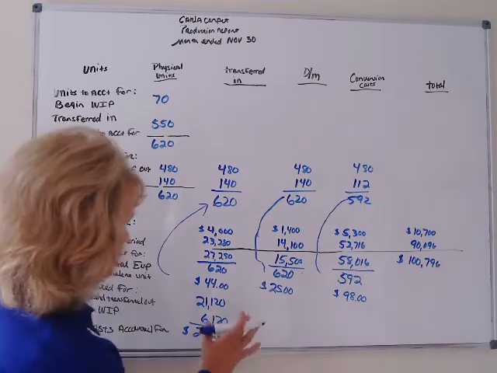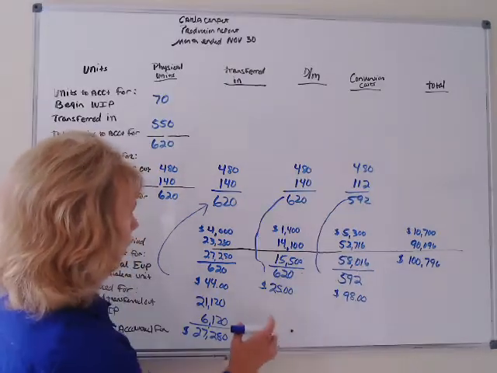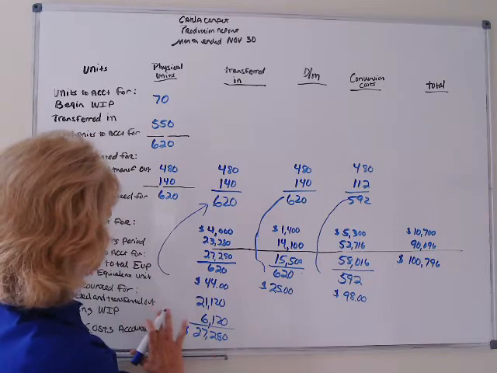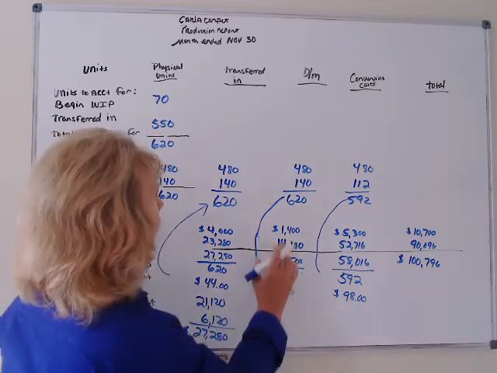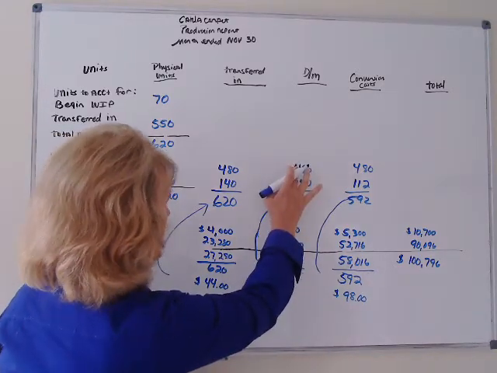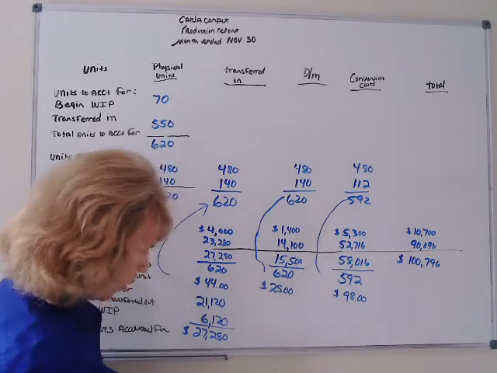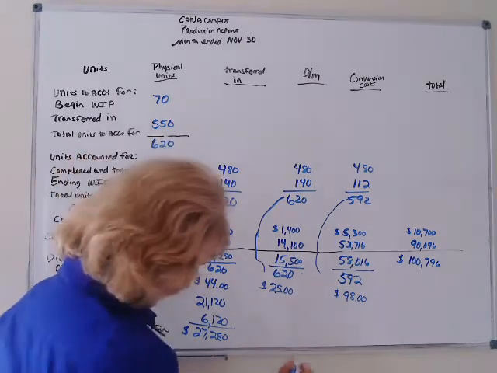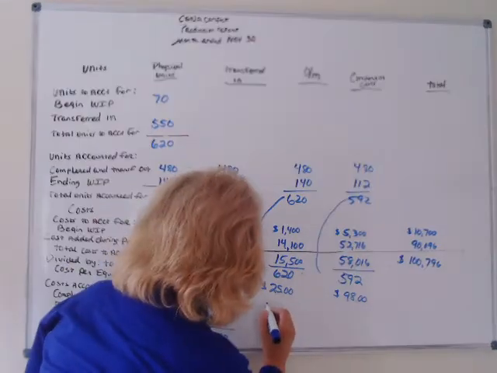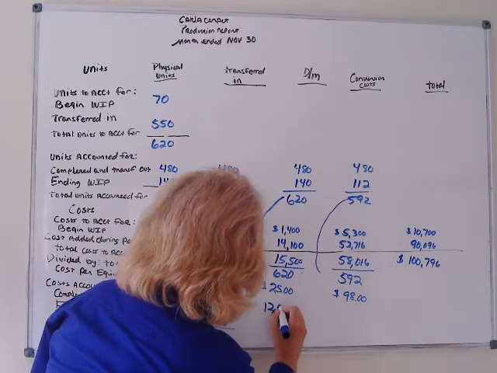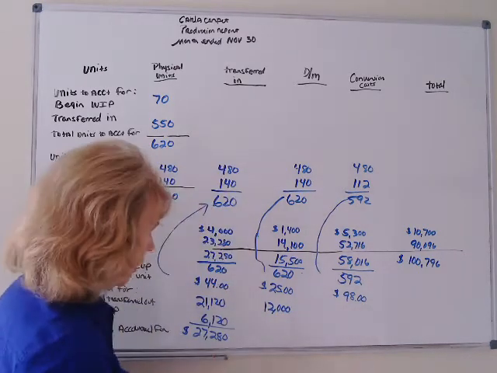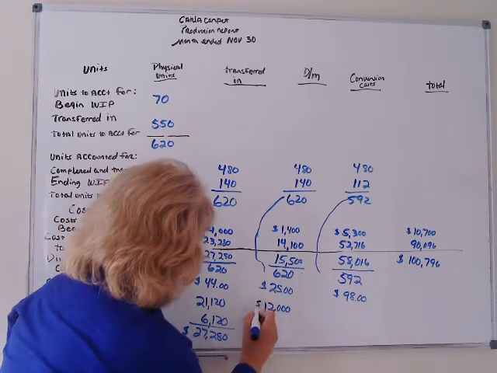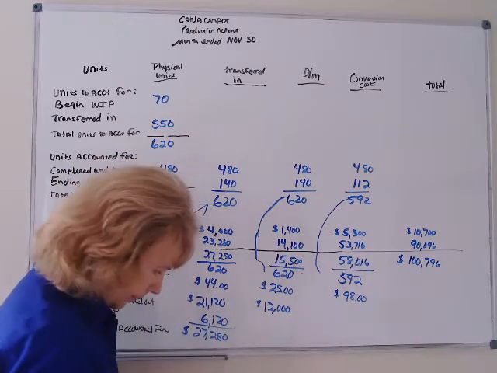Same theory for when I'm working on direct materials. I'm going to first do completed and transferred out. I go up here, I take the 480, I multiply it by $25, and that gives me 12,000. This is a dollar figure.